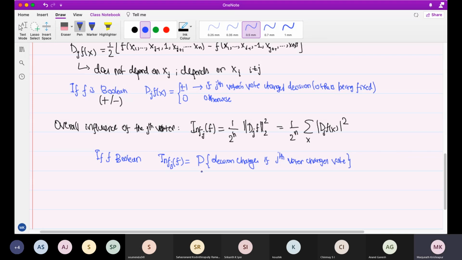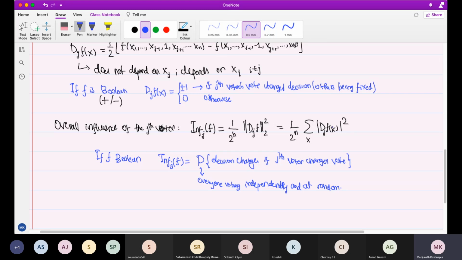This probability assumes everyone votes uniformly, independently and at random. Imagine everyone is just casting a vote at random for one of the two candidates, independently of each other.